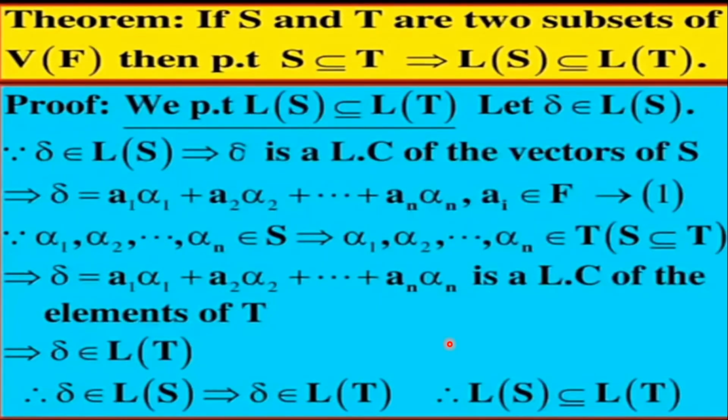Next theorem. If S and T are two subsets of V(F), when S is a subset of T, then L of S is a subset of L of T. Proof.